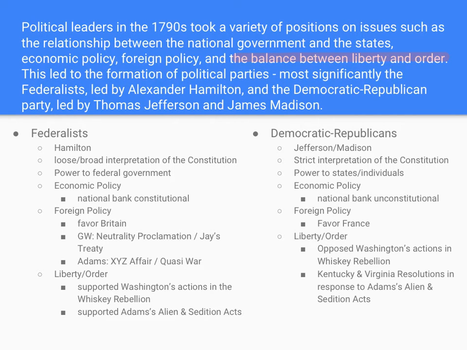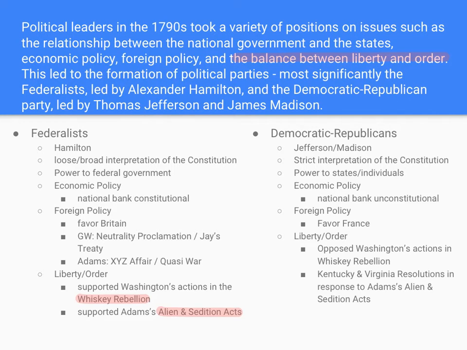Our government sometimes restricts liberties in order to maintain order. Examples of this we discussed on the previous slide: Washington's actions in the Whiskey Rebellion and Adams's Alien and Sedition Acts. In both of these cases, Washington and Adams used the federal government to restrict liberty, but to maintain order.